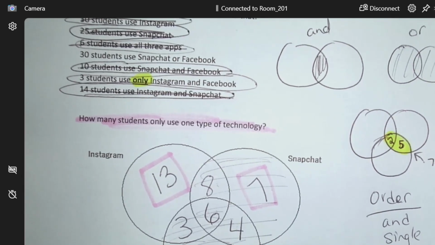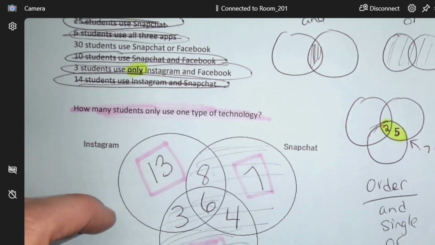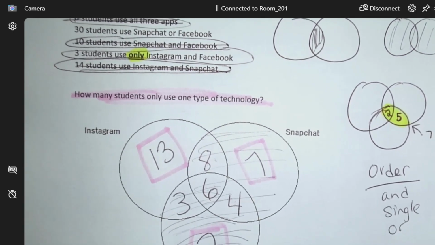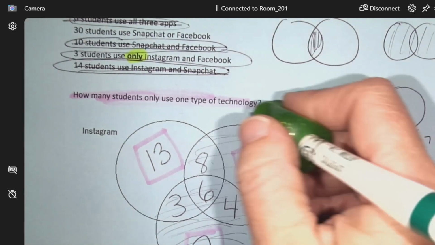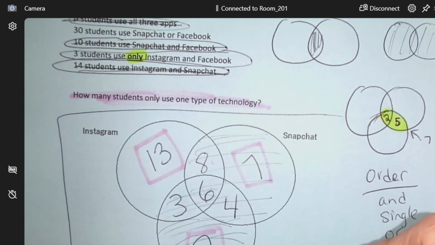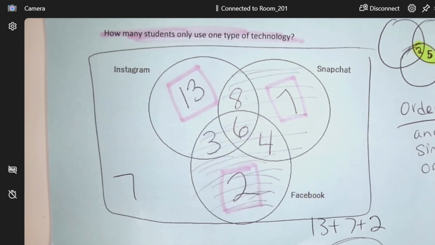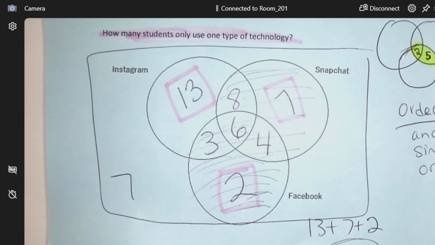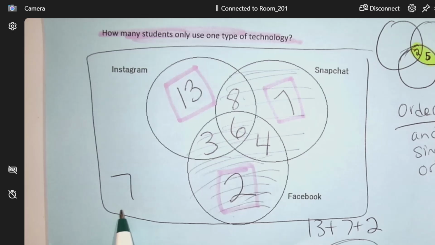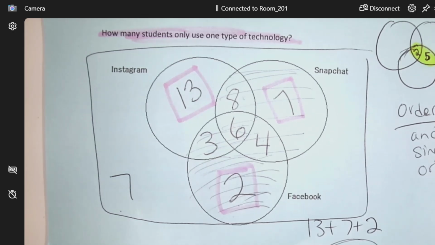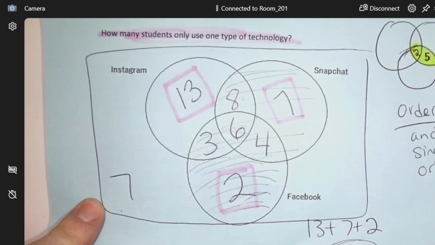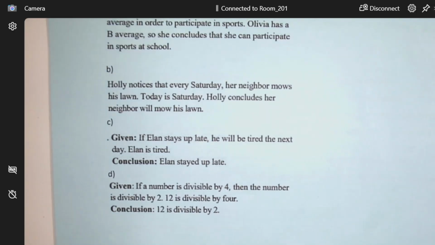So if I ask the question, how many students don't use anything? 7. Technically, when you get to grade 12 and we do this, we would also do that, because Hunter said all of these numbers added to 43, but there was 50 students. So 7 didn't use anything then, right? So that could be a question too. How many don't use anything?